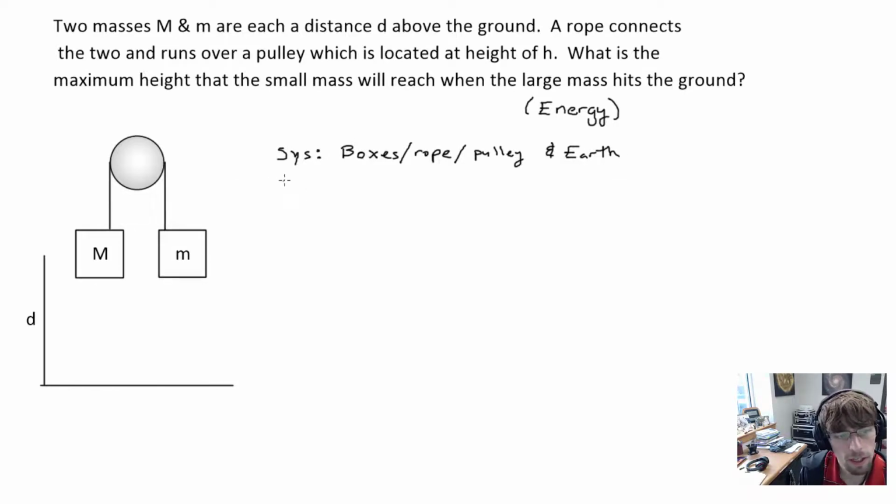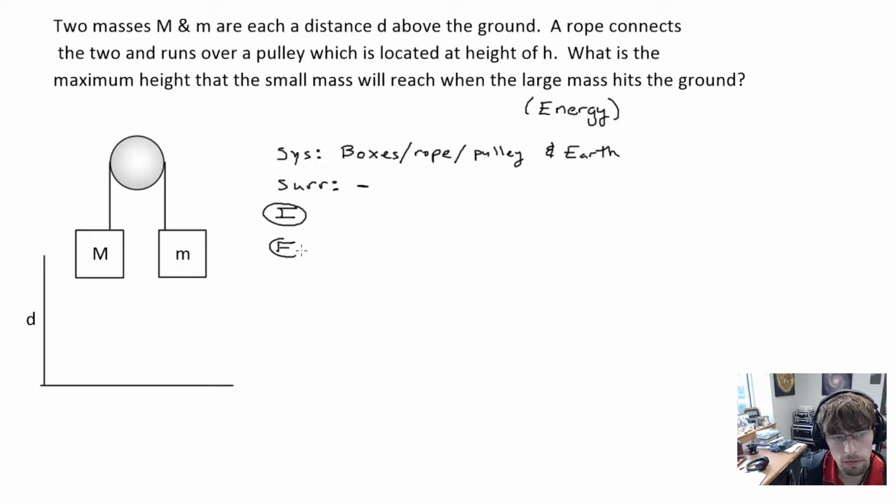So that being the case, what's in your surroundings? In other words, what objects significantly interact with the system during this process? You get nothing. Nothing. So I'll do that. Now, because we're doing energy, it's usually very important to indicate initial and final states.